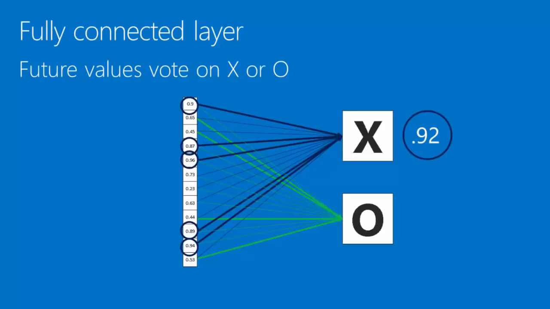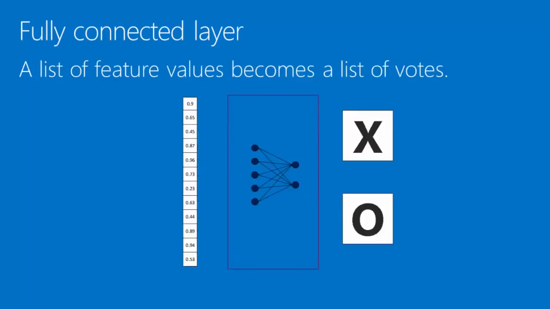In this case, this particular set of inputs votes for an X with a strength of 0.92 and an O with a strength of 0.51. So here, definitely X is the winner, and so the neural network would categorize this input as an X. So in a fully connected layer, a list of feature values becomes a list of votes.